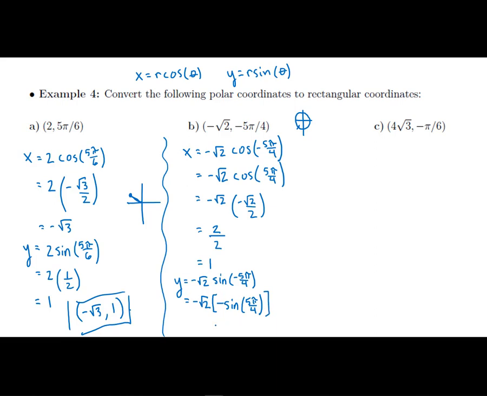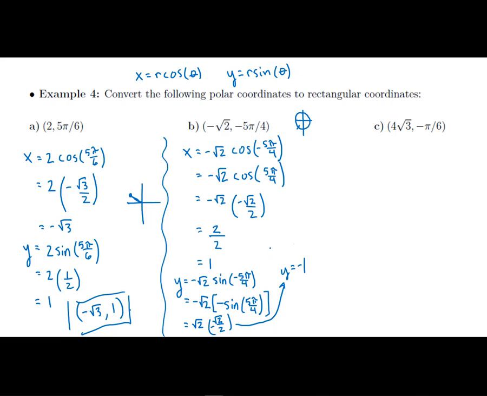So it's a negative times a negative is positive, so we'll have root 2 times, and the sine you can see at this location is also negative, just like the cosine. And I'm just about out of room here, but what we get is that the y value is negative 1.